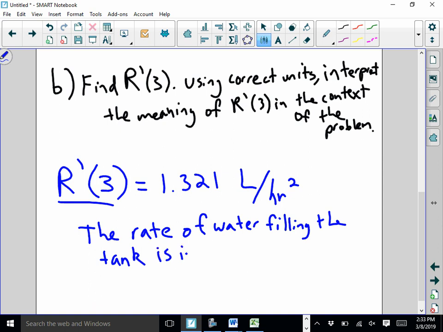I say increasing because this sign out here is a positive. Is increasing at 1.321 liters per hour squared at t equals 3 hours.